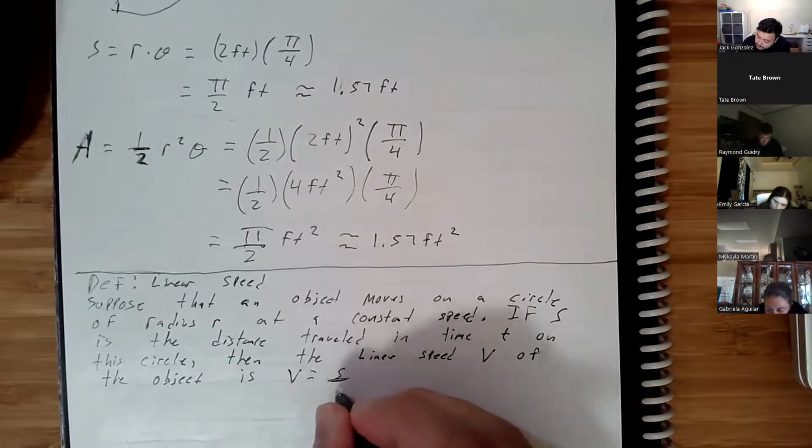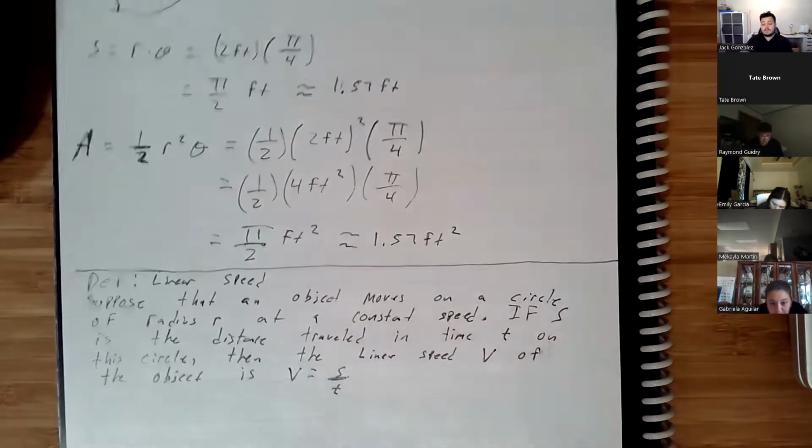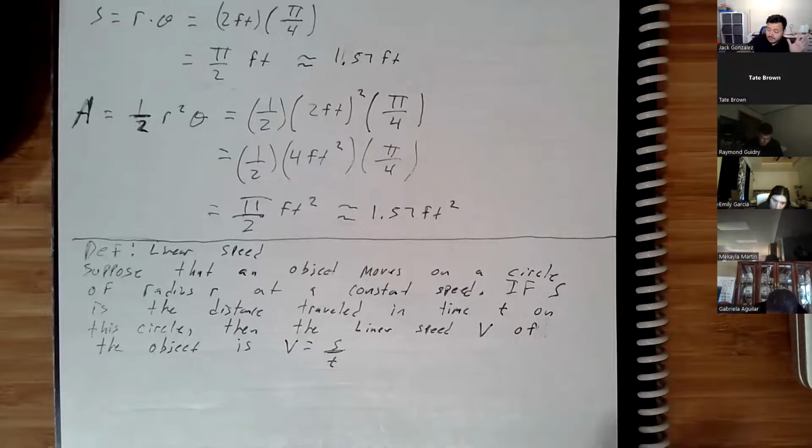So this is the formula you're going to need. s is still going to be what we found earlier using the arc length. So if they ask for linear speed, we're going to have to first find the arc length.